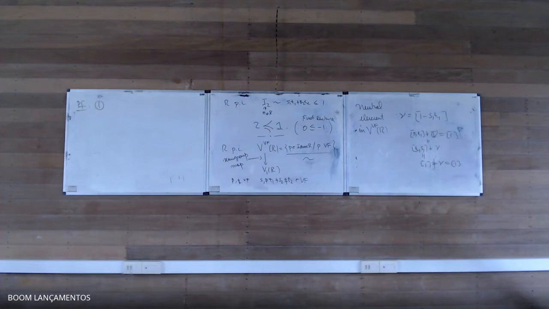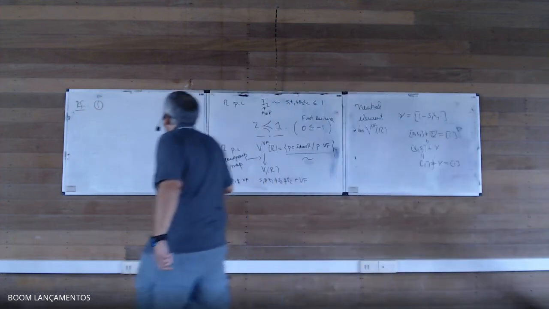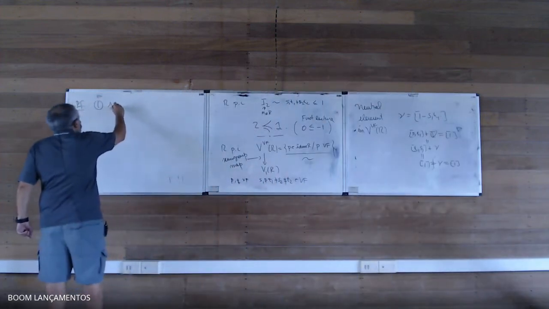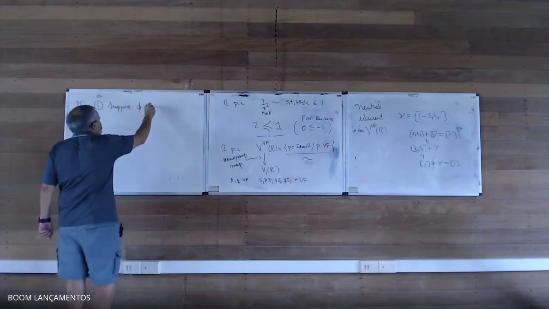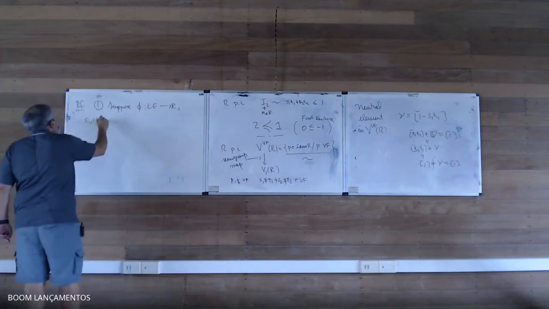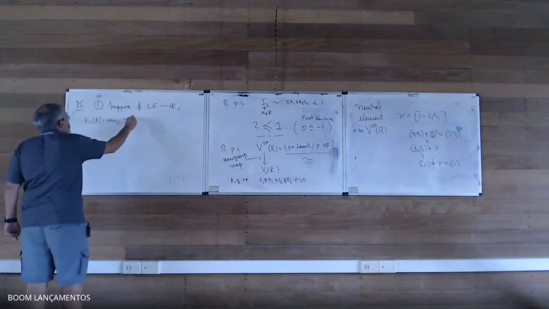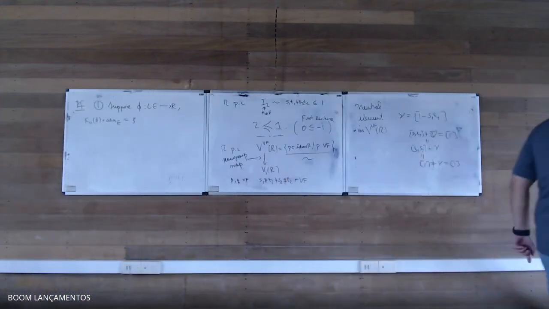And once you have one that satisfies this, then you can modify it slightly so that it also satisfies this. This is the first thing I'm going to show. So suppose we have phi from LE to R, so that K0 phi composed with CAN is Xi. Right? So this diagram commutes. Okay?